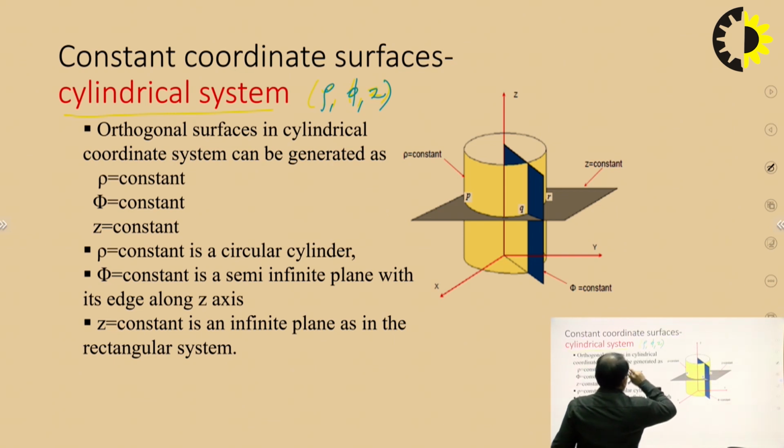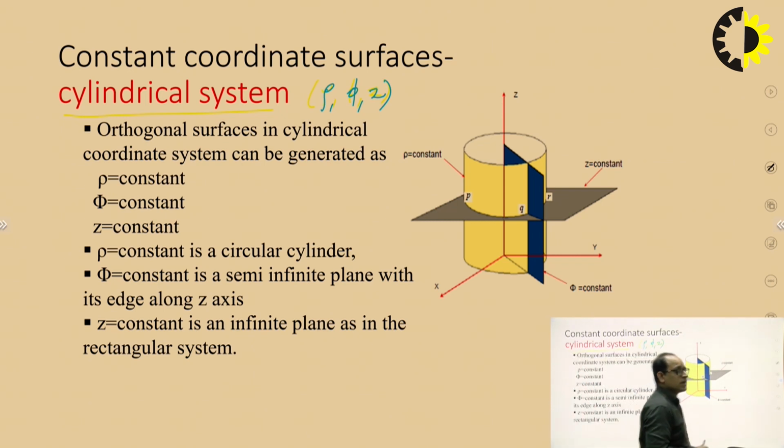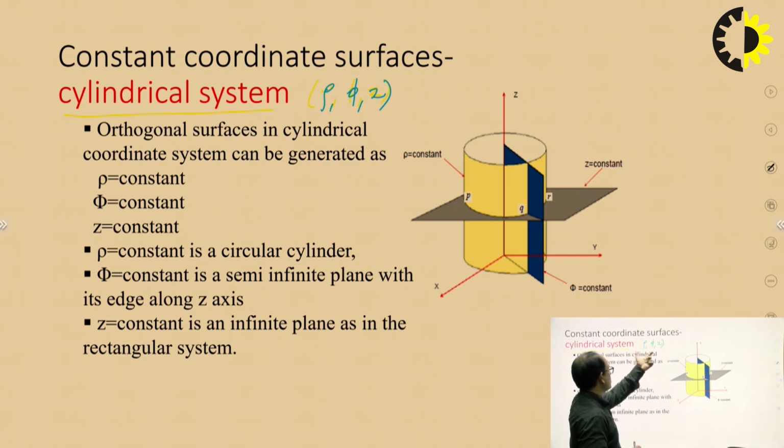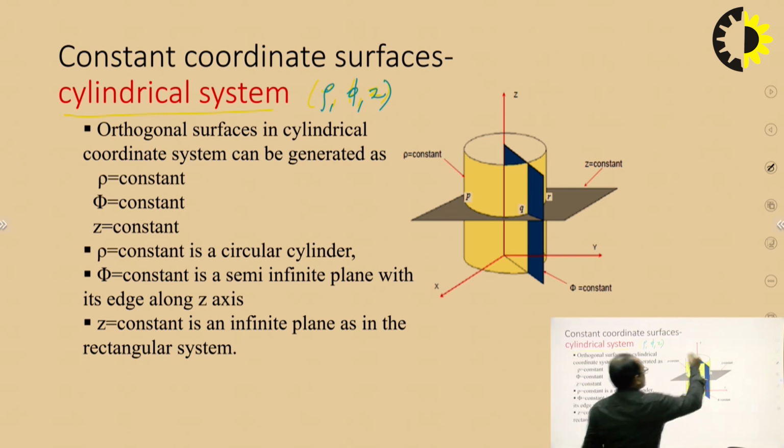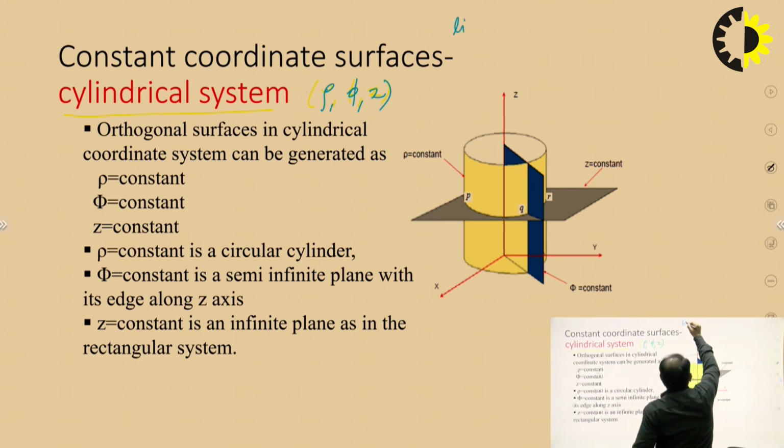If phi and z vary and rho is constant, then a surface will form. If rho and z vary and phi is constant, then a surface will form.